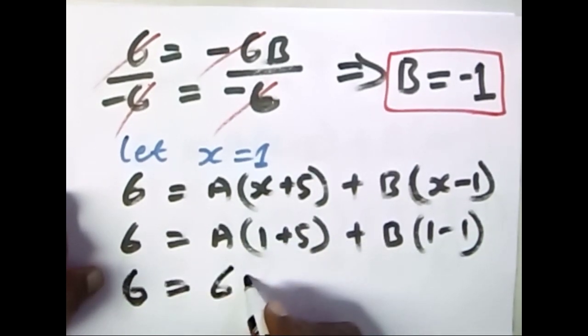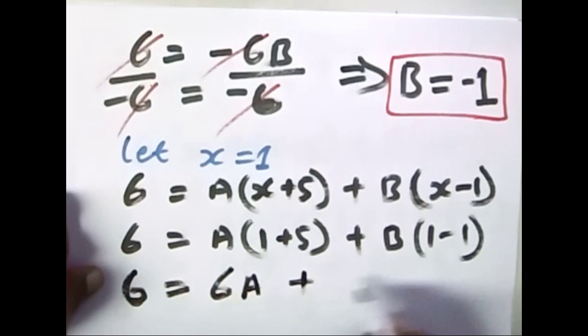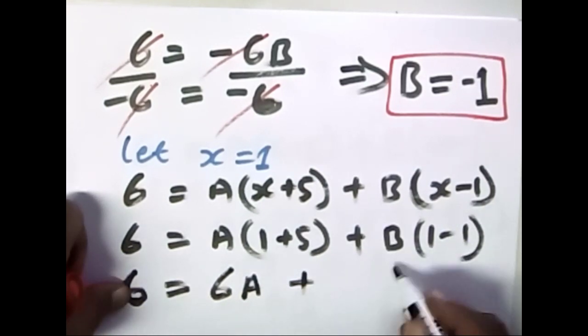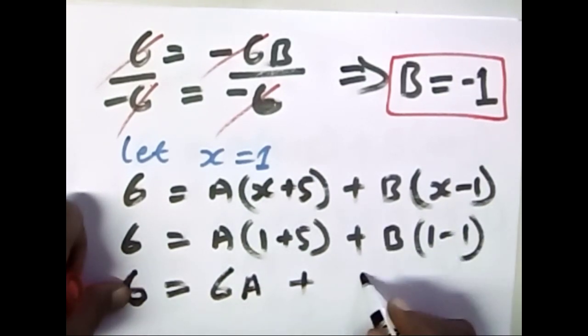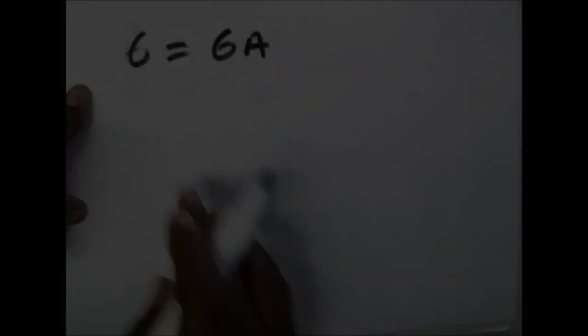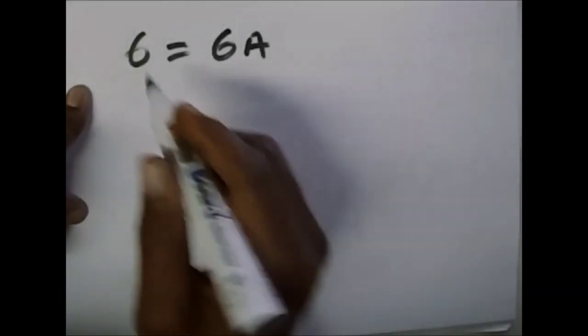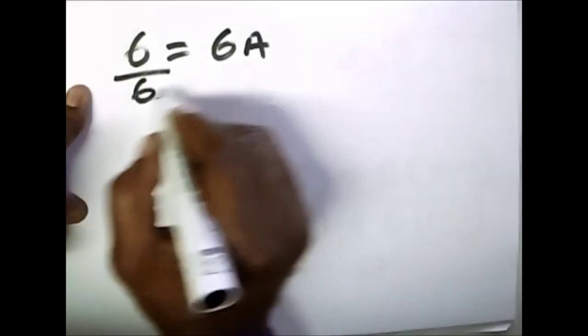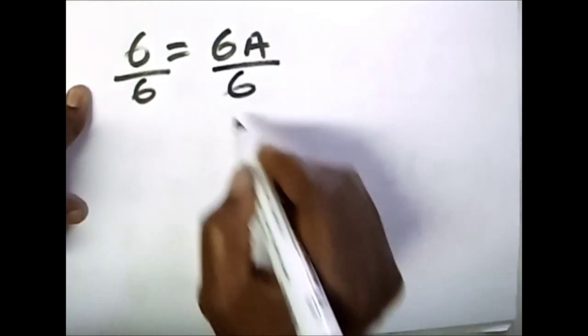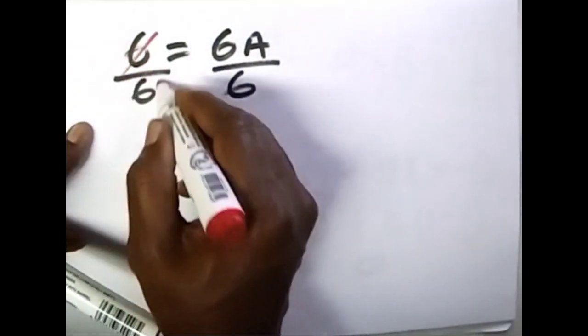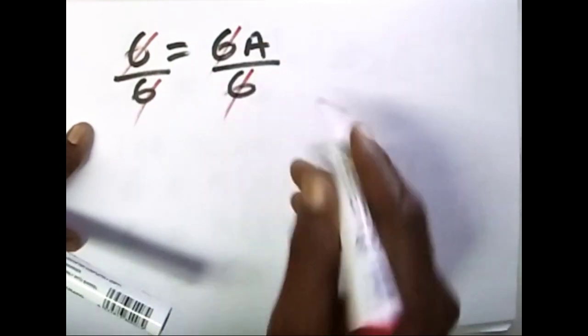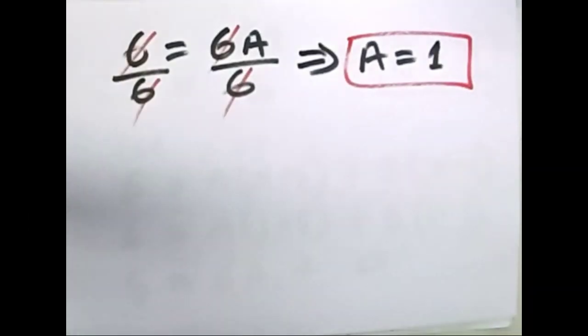That is 6a plus 0. 1 minus 1 is 0. And since we have 6 equals 6a, all we need to do is divide both sides by 6. So a equals 1, and remember we got b to be equal to minus 1.